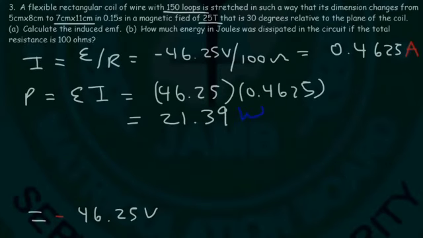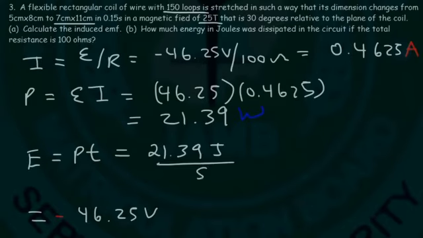Energy is equal to power multiplied by time. 1 watt is 1 joule per second. So we have 21.39 joules per second. And if we multiply it by 0.15 seconds, we can see that the unit seconds will cancel, giving us the energy in joules.